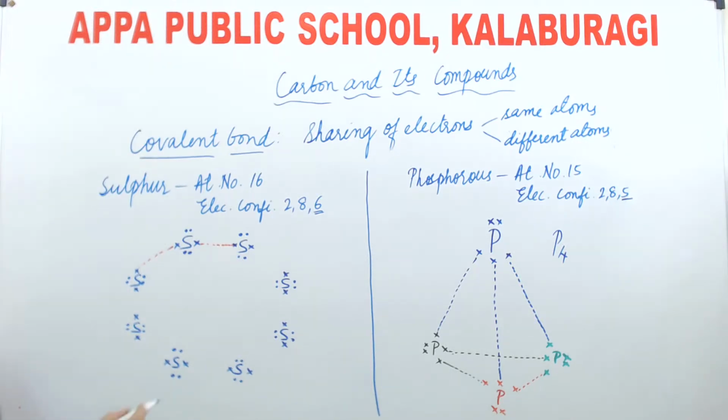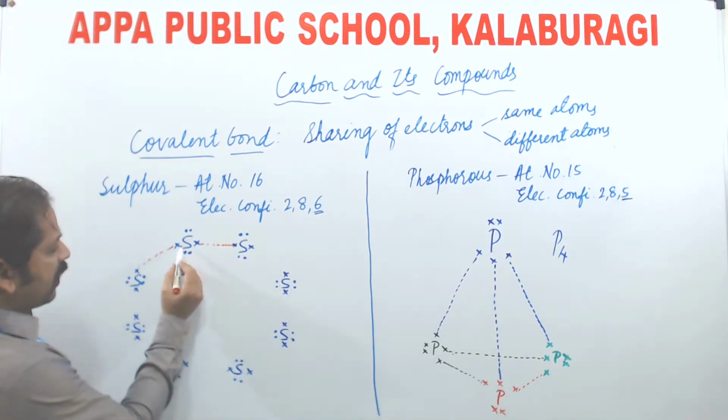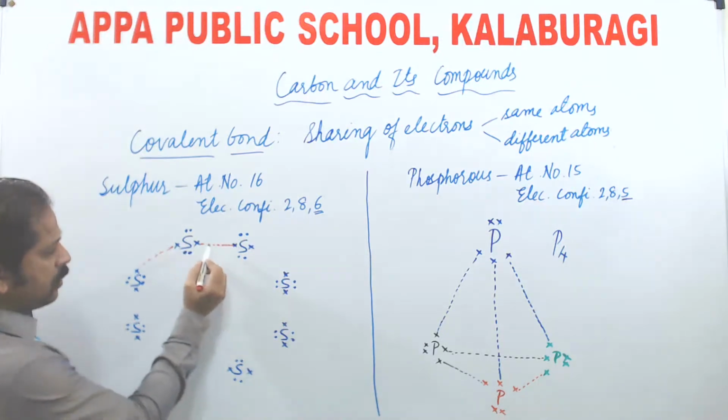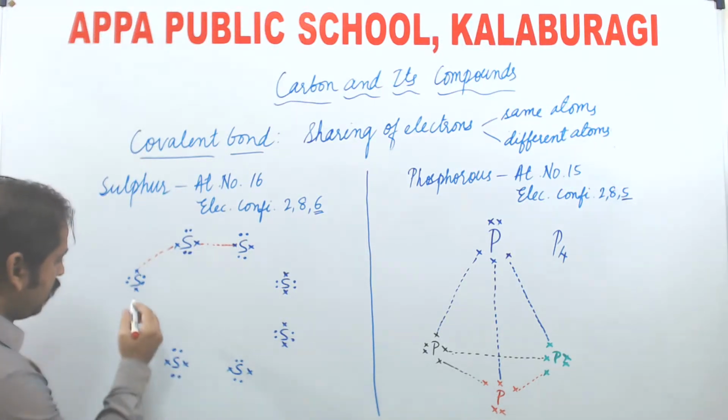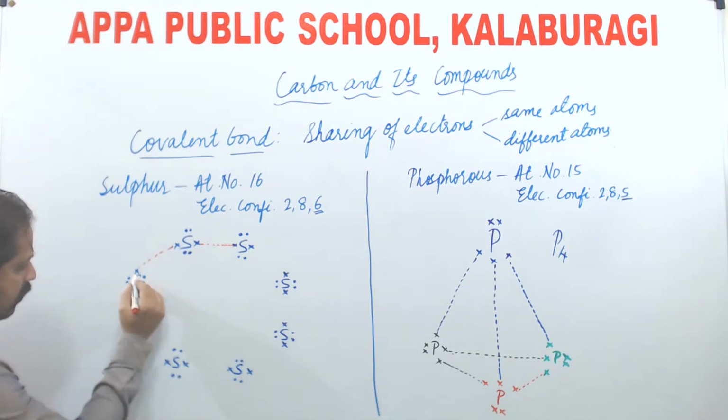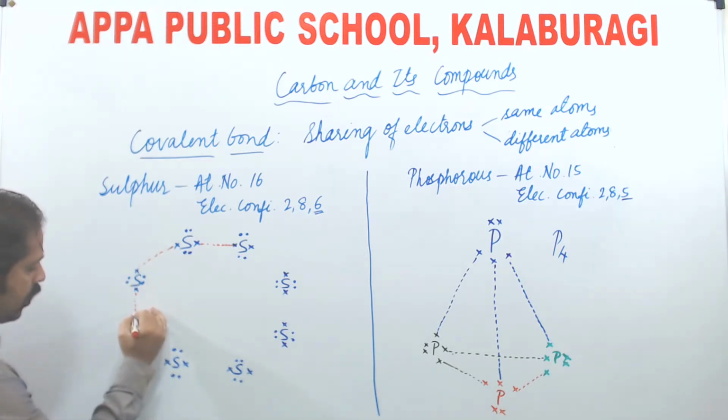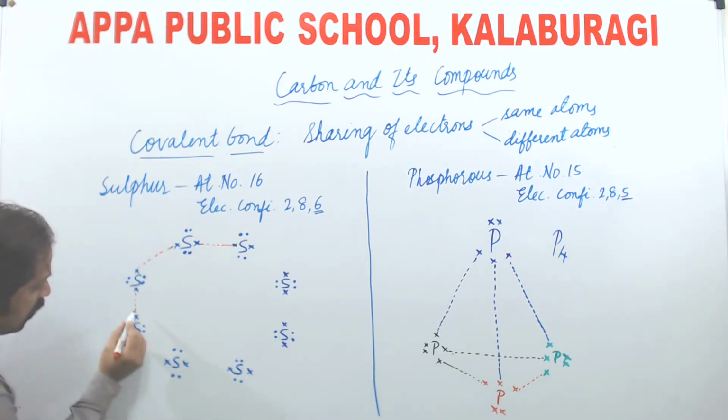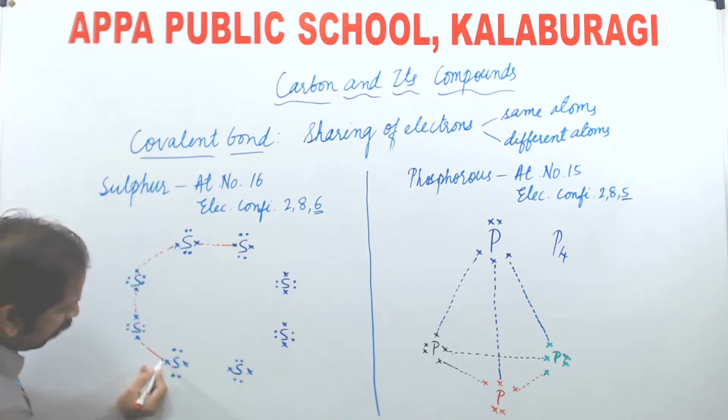Next one: this sulfur has 6, 7th is here, 8th is here. This sulfur 7, 6, 7, 8. This sulfur 6, 7th is here, 8th is here.